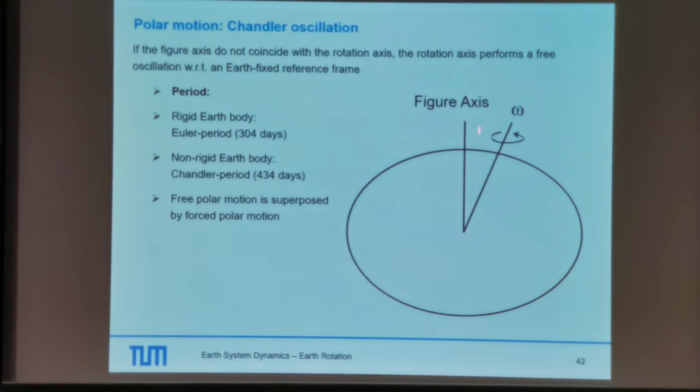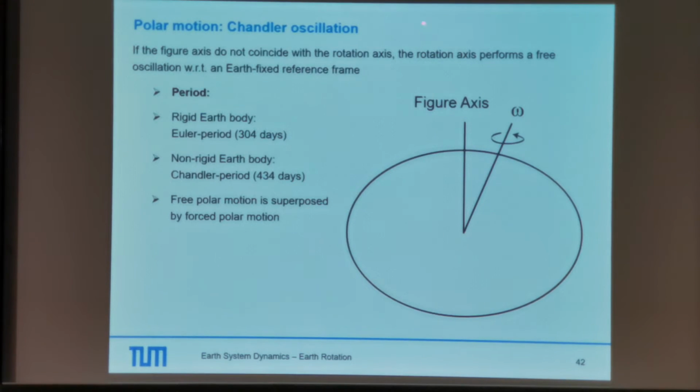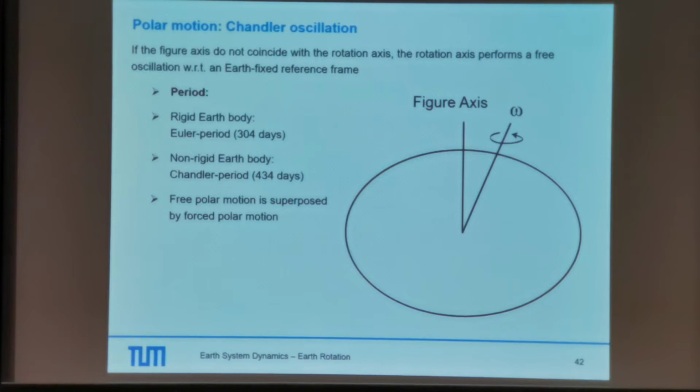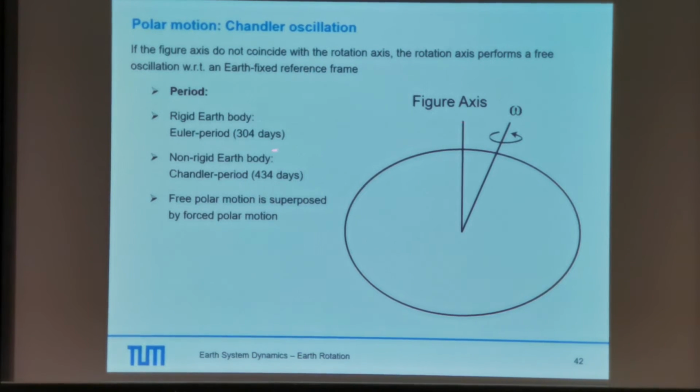We have the figure axis, and then we have the rotation axis, where we have an angular velocity of omega, and due to the dislocation within the rigid body, we have excited this Euler period of 304 days. If we are in a non-rigid Earth body, this 304 days changes to the so-called Chandler period of 434 days.